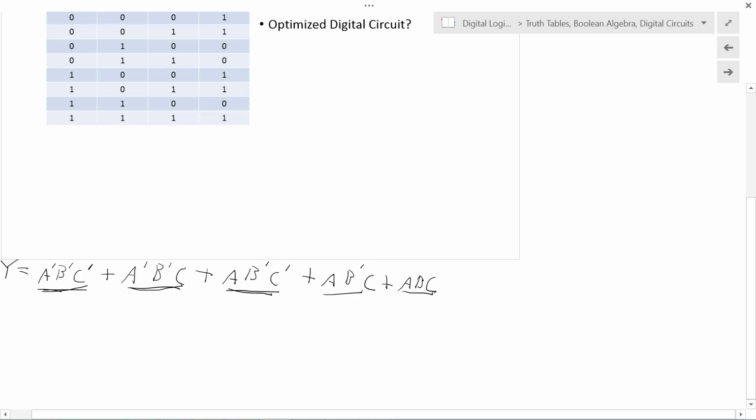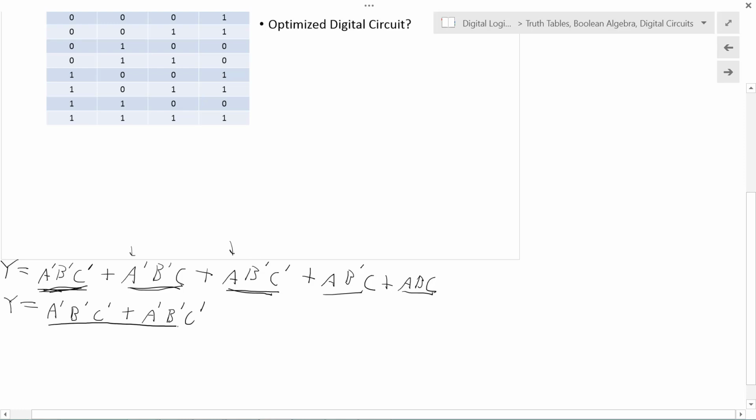Unfortunately, we're unable to combine one term with two terms at the same time directly. However, using idempotency, it's possible to duplicate this term and reap the benefits. So let's take a look. Let's use the idempotency property to duplicate A prime, B prime, and C prime, ORed with A prime and B prime and C prime.